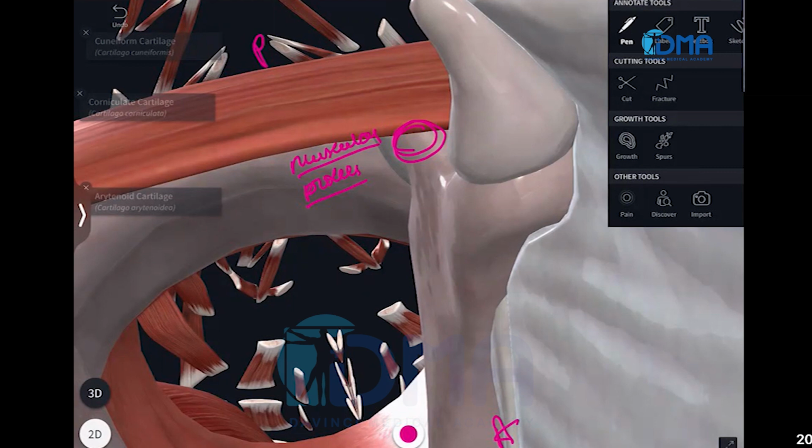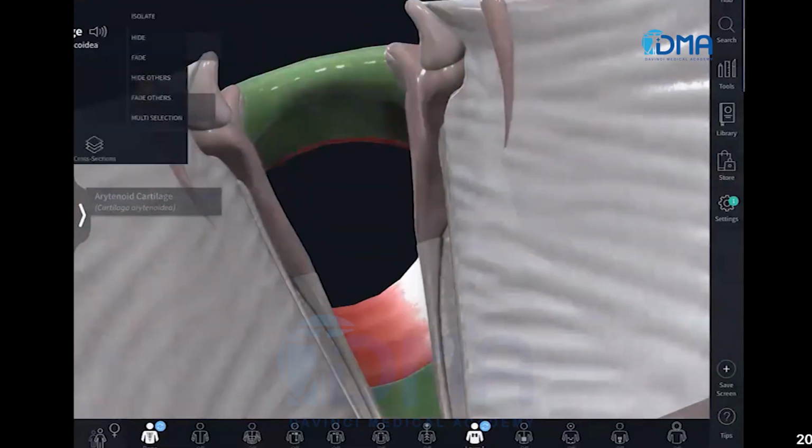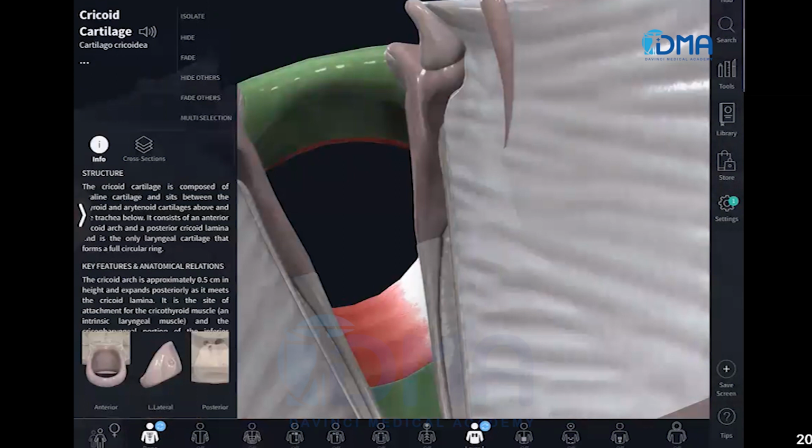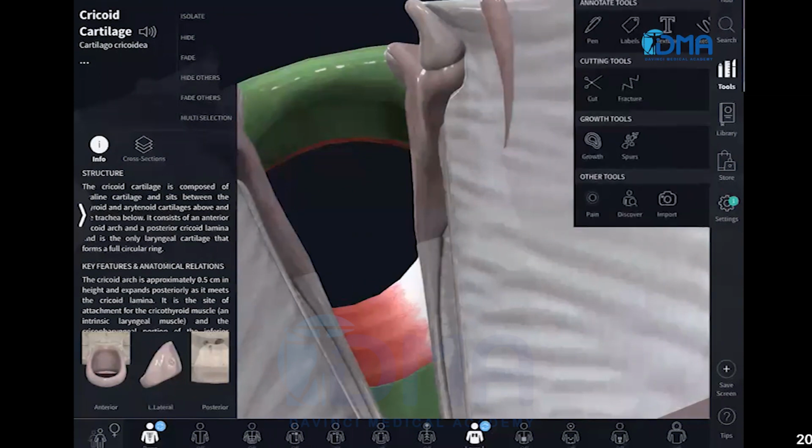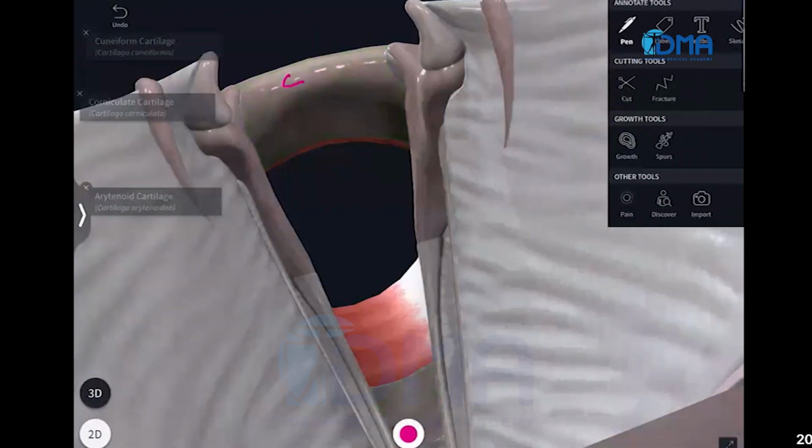This is the cricoid cartilage. I'm showing a view from superiorly. This is cricoid cartilage. This is our arytenoid. This is our corniculate cartilage.